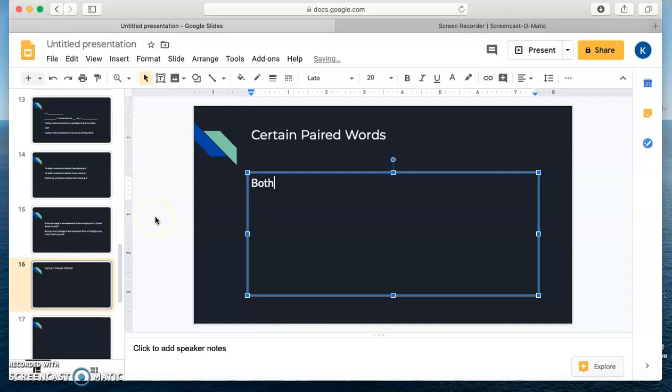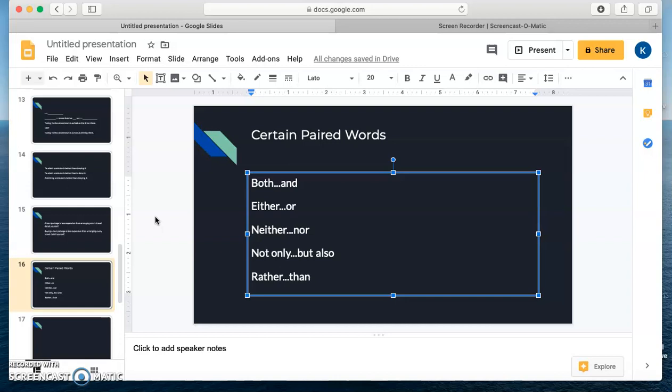These words are both, and; either, or; neither, nor; not only, but also; and rather than.